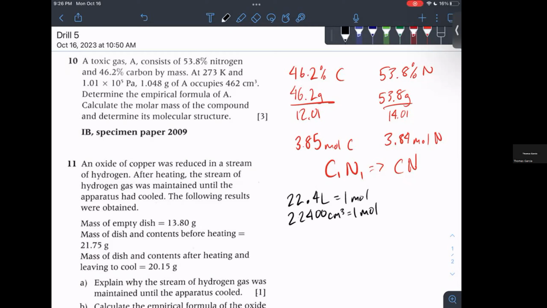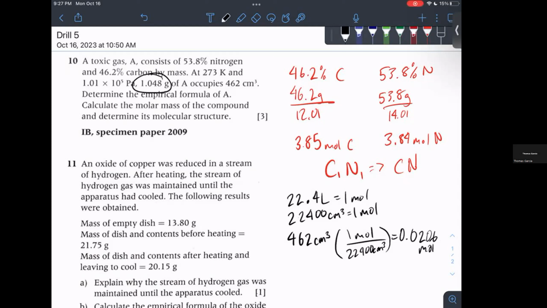We can find that if we have that many centimeters cubed, and we just take our value and do some dimensional analysis for 462 centimeters cubed, over 22,400 centimeters cubed per 1 mole, then we can find out that we actually have 0.0206 moles.